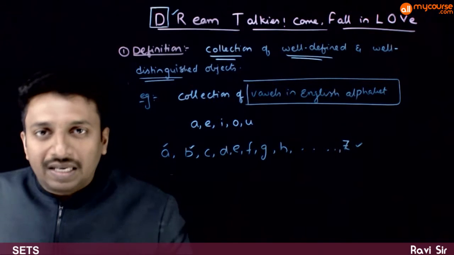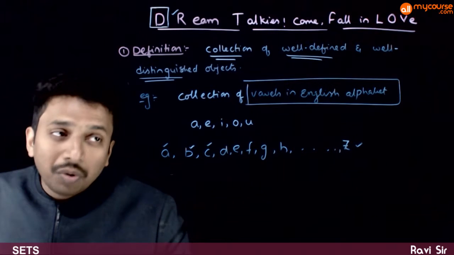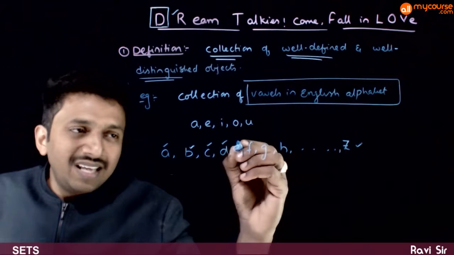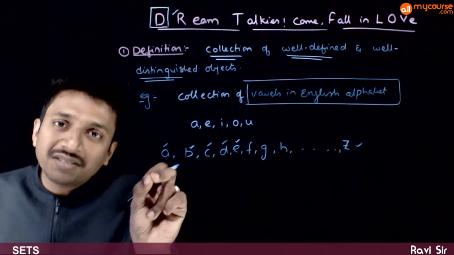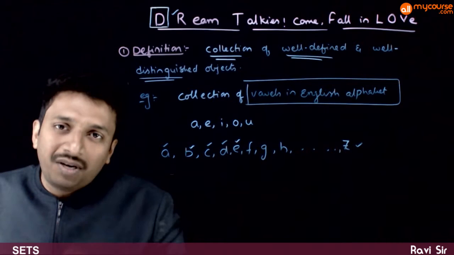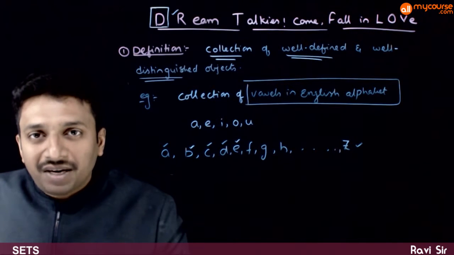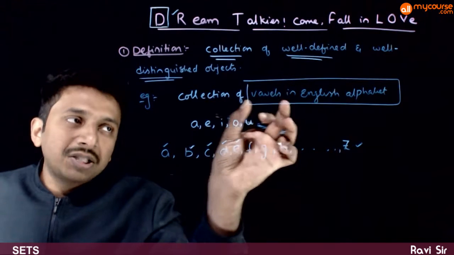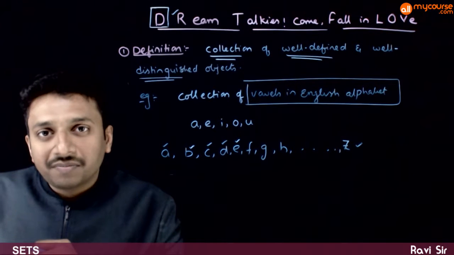Does B belong to this set? No. Does C belong to this set? The answer is no. Does D belong to this set? The answer is no. Does E belong to this set? Yes. So the answer has to be either yes or no. There should not be any ambiguity. So such collections are called well-defined collections. So AEIOU, or the collection of vowels in the English alphabet, is a well-defined collection.